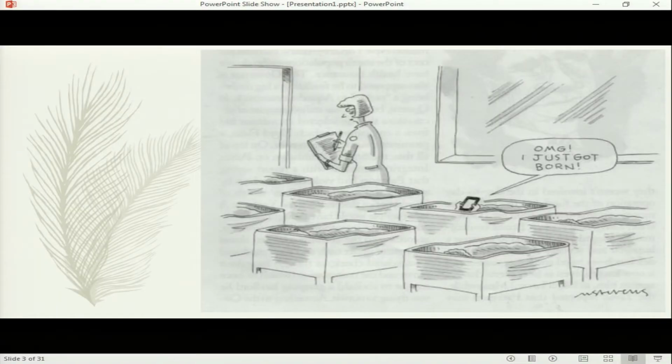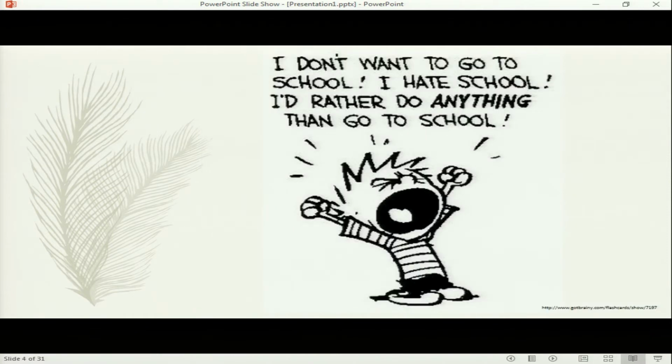Okay, so we're talking about students who are born with mobile devices in their hands, right? Sometimes I feel that they are a lot more advanced than us. So when it comes to school, sometimes they feel like, no, I don't want to do this. This is not like real life, right?